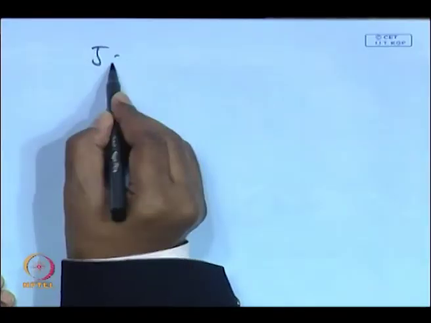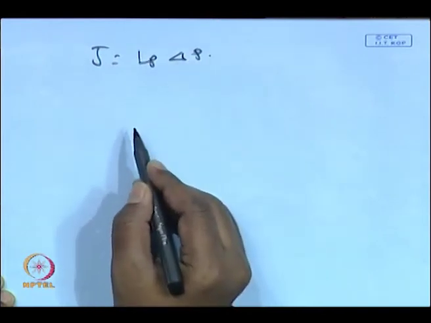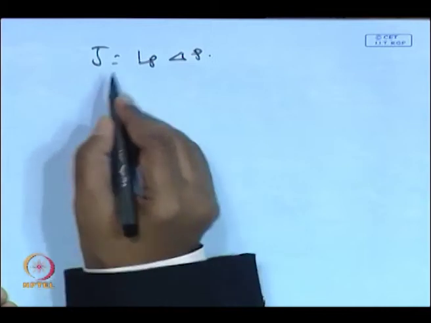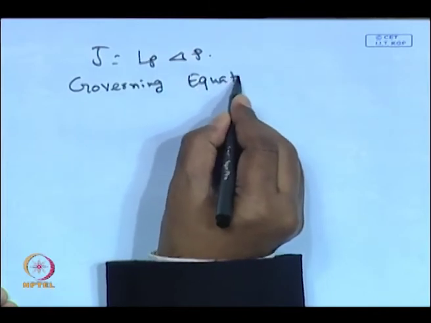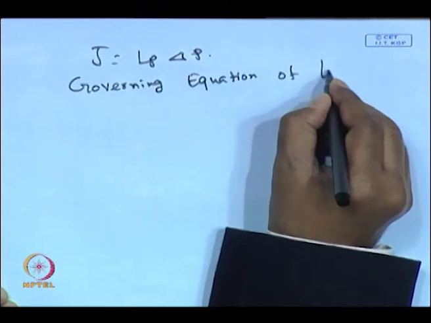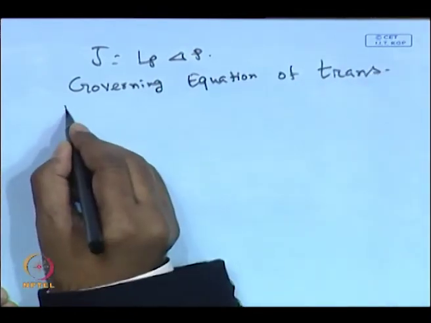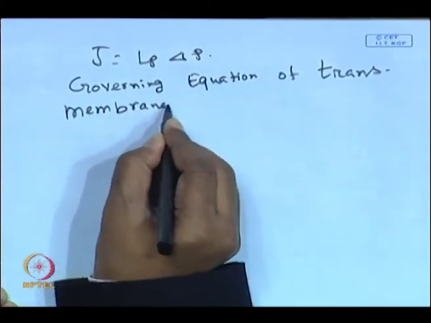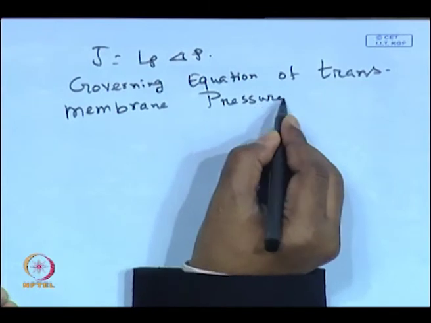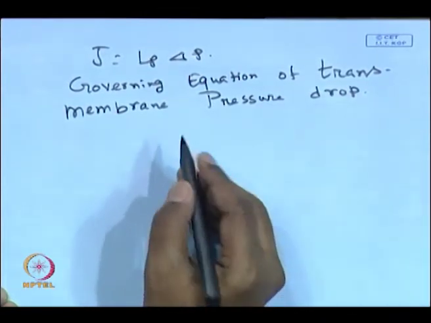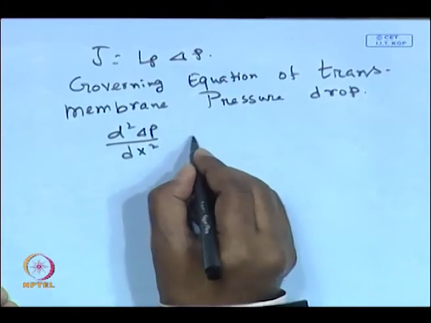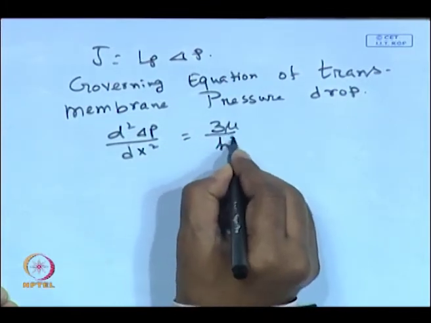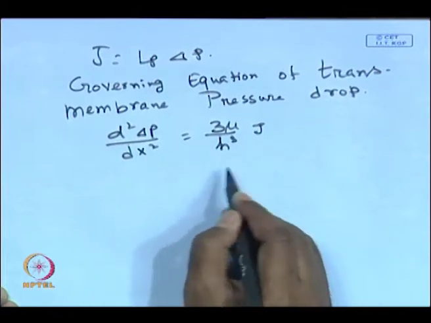So J becomes Lp del P, and if you look into the expression of the transmembrane pressure drop governing equation, the governing equation becomes d square delta p divided by dx square is equal to 3 mu by h cube times J. We have already derived that.